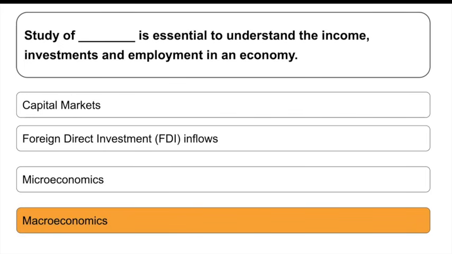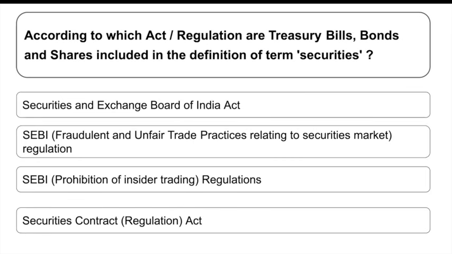Macroeconomics means things as a whole in the economy which can impact your business. Whereas microeconomics are small things, like your company is facing a debt. That is a small issue faced only by your company, which will fall under the bucket of microeconomics. So the correct answer over here is macroeconomics, the study you have to do to understand the income, investment and employment in a complete economy. Going to the next question.